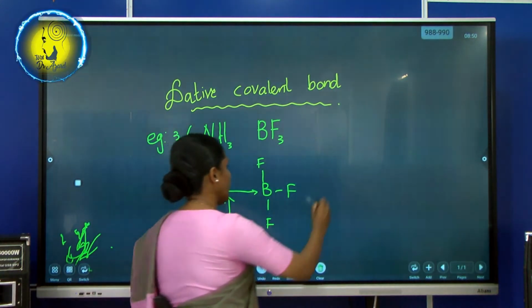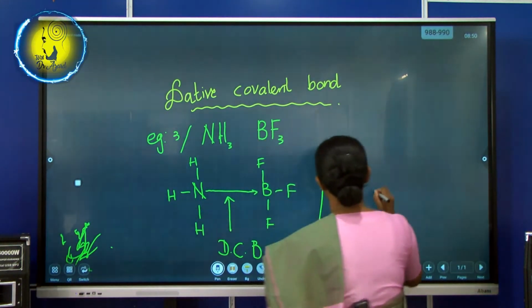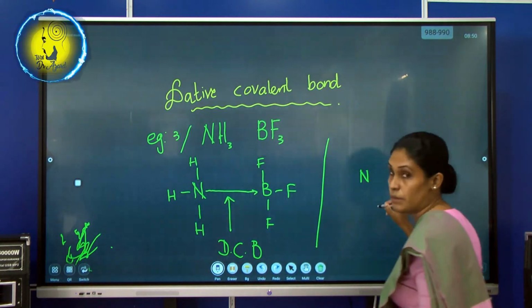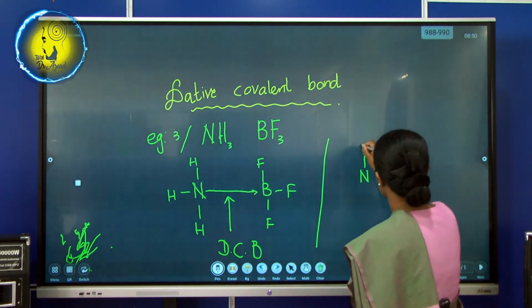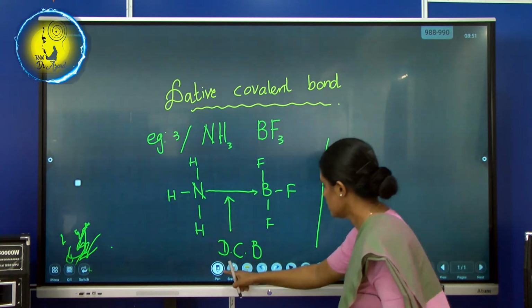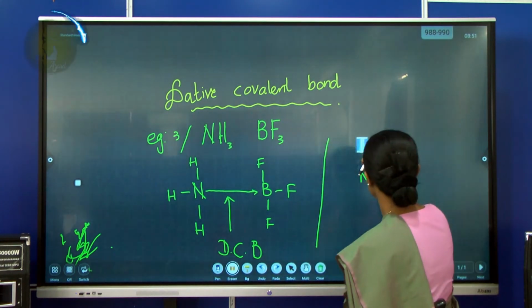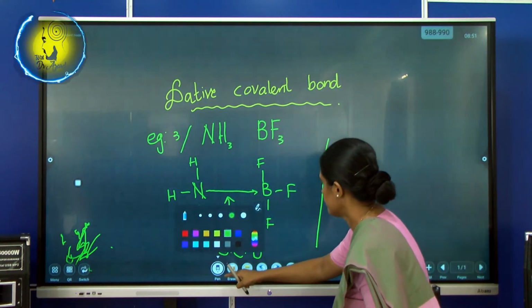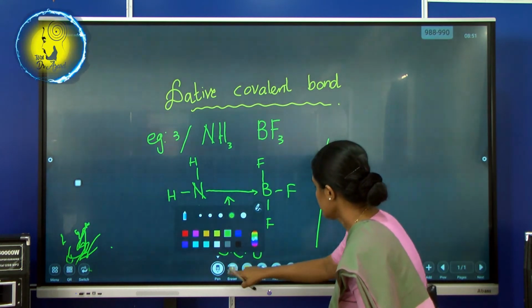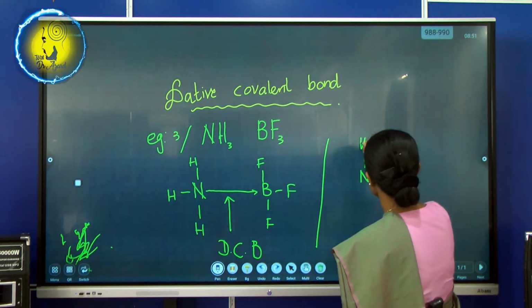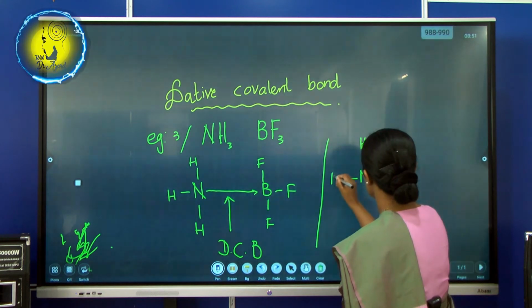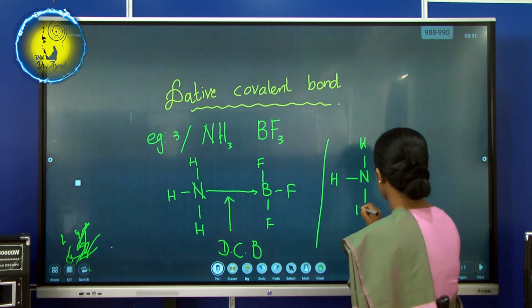If you don't like this, you can choose this way of drawing. I hope you can see the board. This is hydrogen. Here also hydrogen.